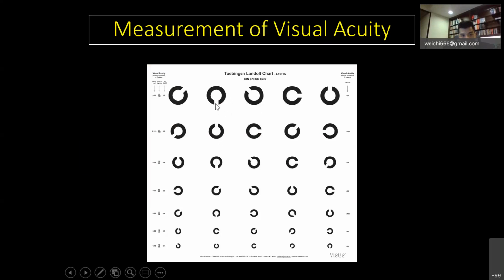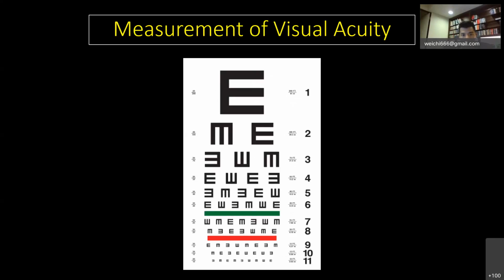If you could tell where the deficit of the circle is, that means you have the resolution to identify these characters. If you could identify the smaller defect on the later chart, that means you have better vision.